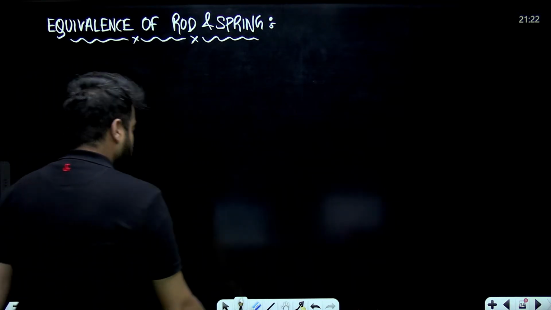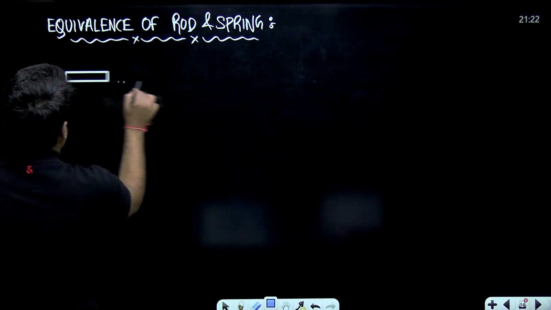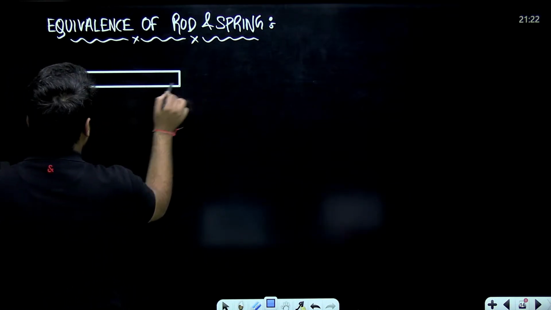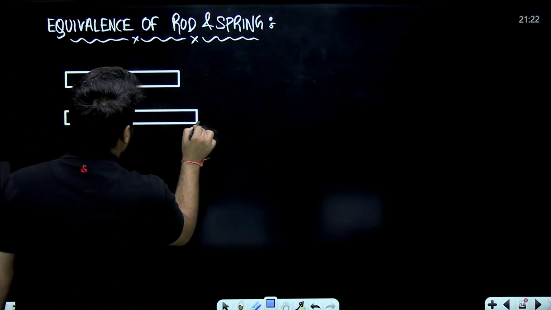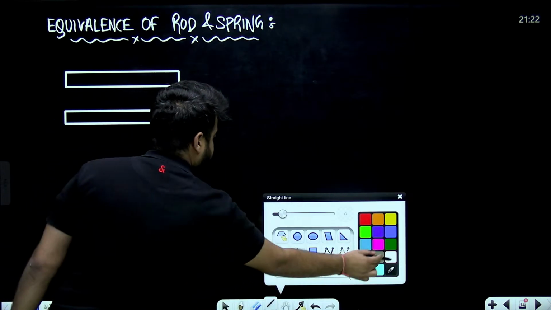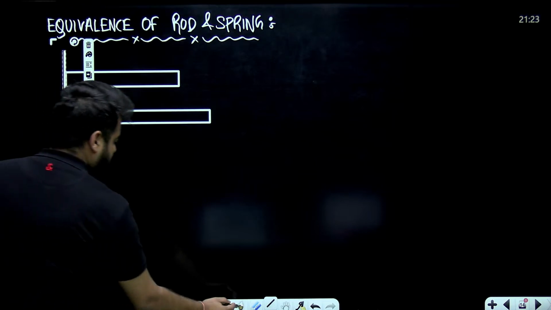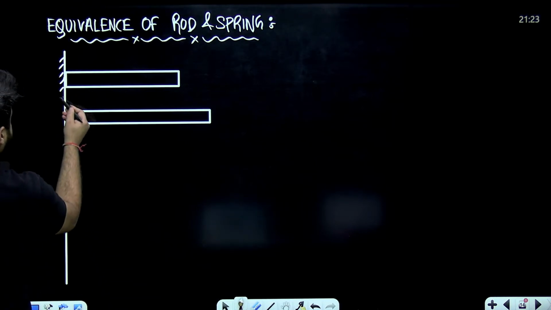We already completed this part, but still, if any rod is there, please try to understand, if you apply a force on that rod, it gets extended by some value x. Please try to understand.